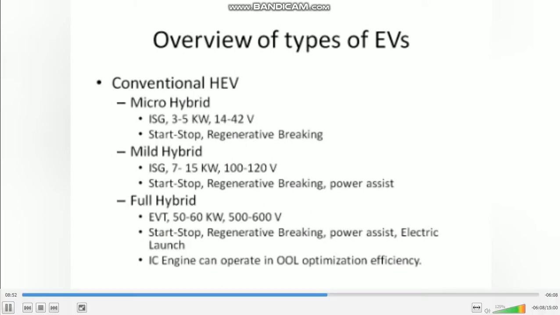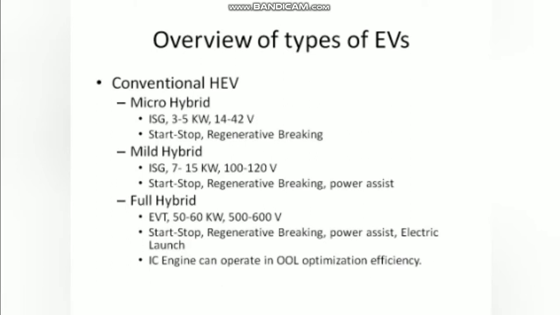This device allows connection of the IC engine and motor together or in a sole way to the wheels, and that makes various kinds of operation possible, such as start-stop, regenerative braking, power assist and also electrical launch. This means a full hybrid can start in all electric mode using an electric motor alone. Since a full hybrid can work in various modes, the IC engine can now operate in a high efficiency mode on the optimum operating line, which is known as OOL in IC engine terminology.